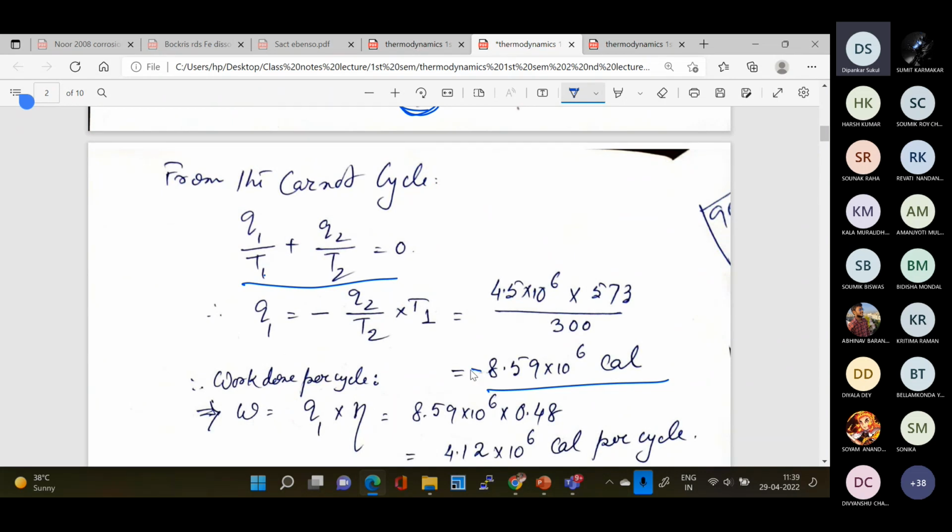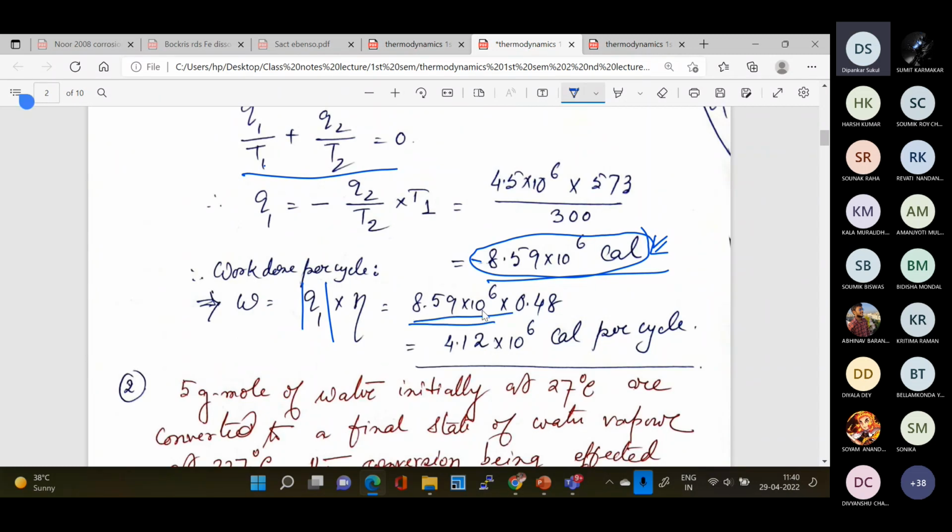So this amount of heat is absorbed by the system from the higher temperature source. Then what is the work done per cycle? You have to take the modulus of it, that is the amount of heat absorbed from the higher temperature source times the efficiency. And this is the amount of work done per cycle. In that way, we can determine the work done per cycle.